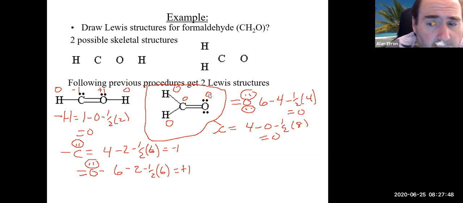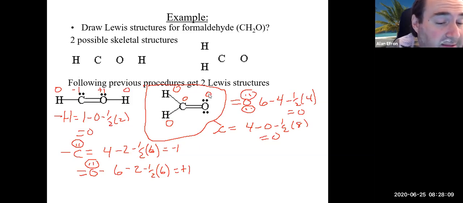So if you remember, one of the things that is not the best situation is if you have the more negative formal charge on the least electronegative atom. Because oxygen is more electronegative, we would hope to have had the negative formal charge on the oxygen rather than the carbon.